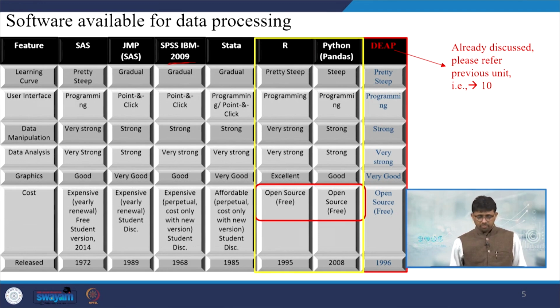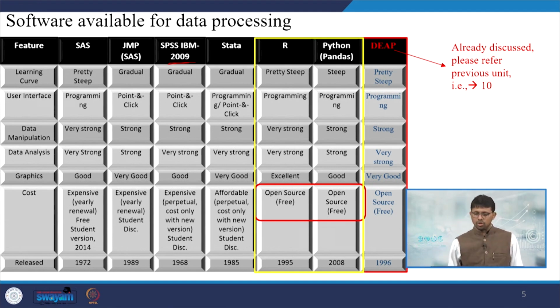Even in all categories, you will see that these three are very strong so far as data manipulation and analysis are concerned. Especially R is very strong, and Python and DEEP are strong so far as data manipulation is concerned, and graphics in R are excellent. So, R is largely suggested in almost all directions.